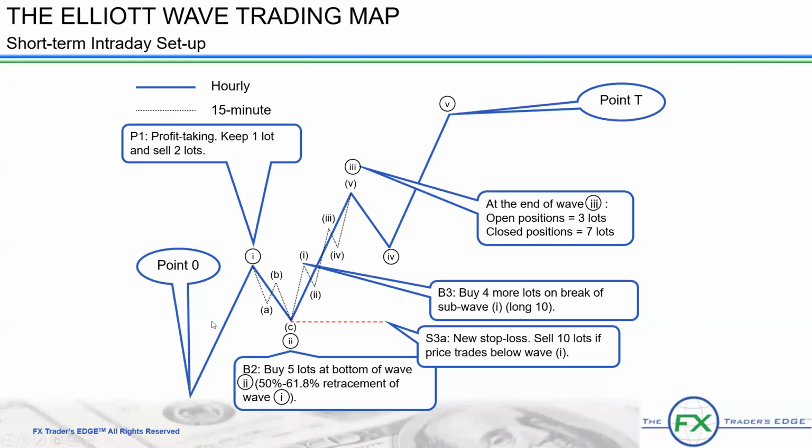So here we've bought 3 and we've taken profit on 2, so we have 1. Then we buy 5 at the bottom of this wave 2, and we buy 4 more to be fully invested for the wave 3 move. And we move our stops up accordingly.